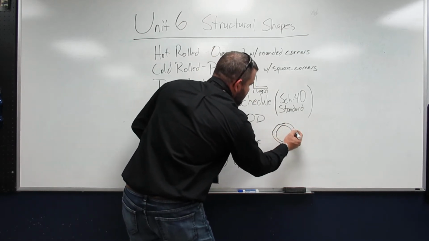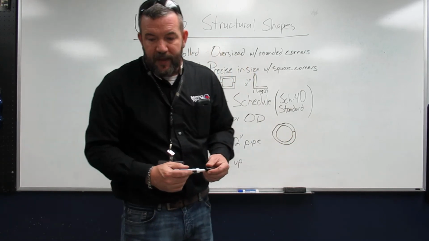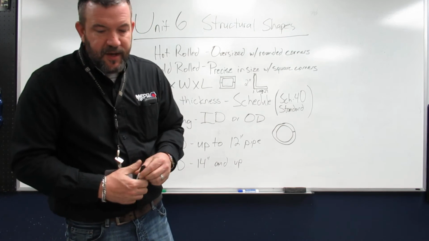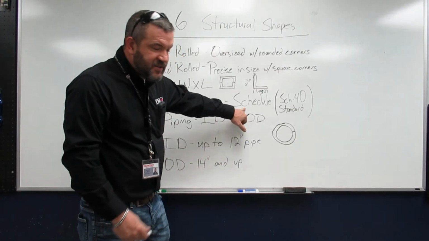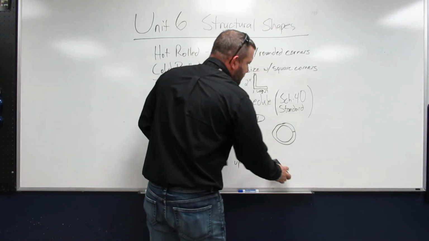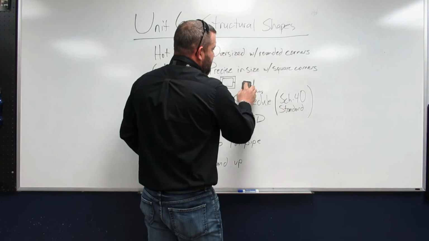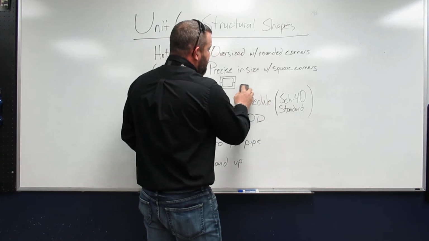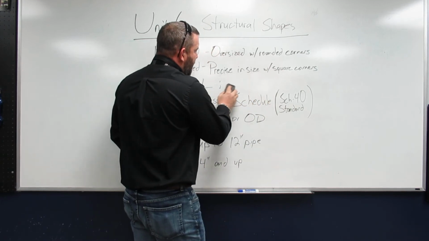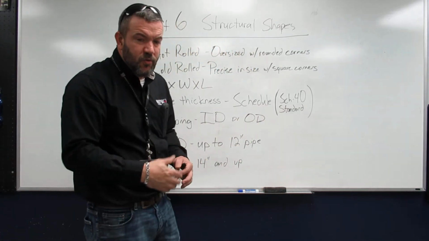I'm not an artist, but your wall thickness is very important. And instead of calling it thickness, they use another term. They say schedule. Your standard pipe is going to be schedule 40. That's your standard size, but they make it thinner and they make it a lot thicker too. They make heavy wall pipe, extra heavy wall pipe, and that's schedule 80 or schedule 160.